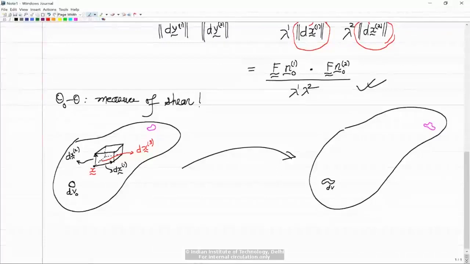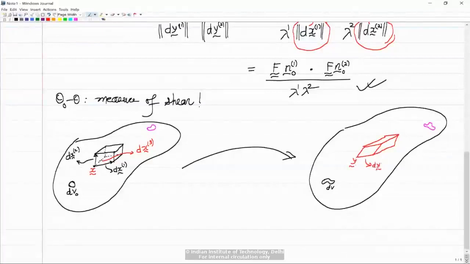and once it gets deformed, it may have become like this, where of course this is y.